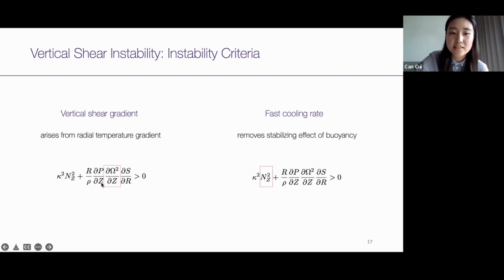The ∂Ω²/∂z term here corresponds to the vertical shear gradient. Another condition is the fast cooling rate to remove the vertical stabilizing buoyancy effect. This corresponds to the first term in this inequality. N_z² is the buoyancy frequency in the z direction.